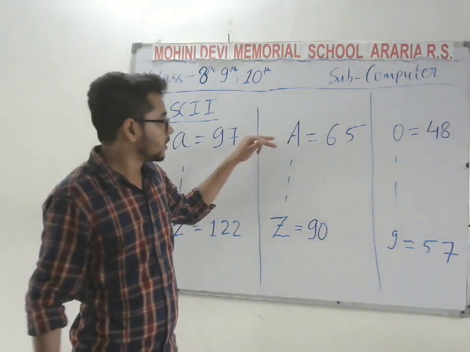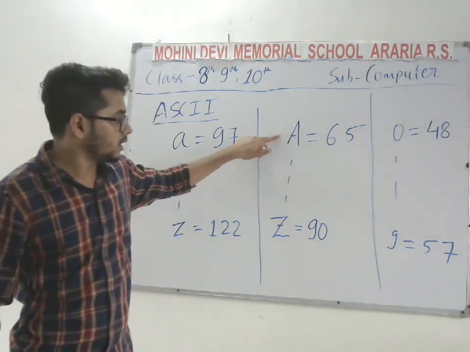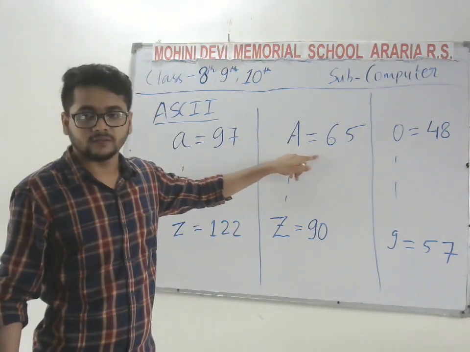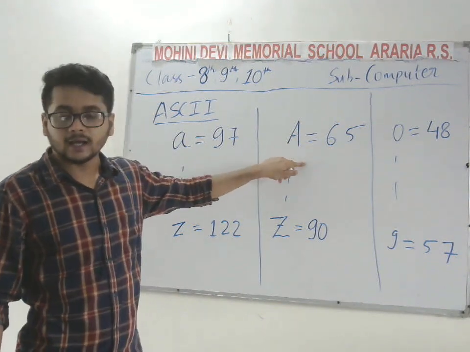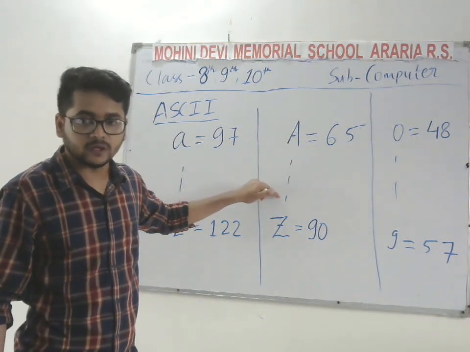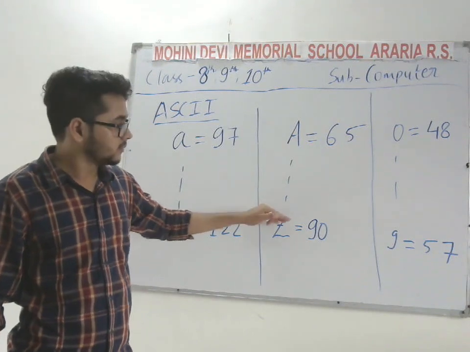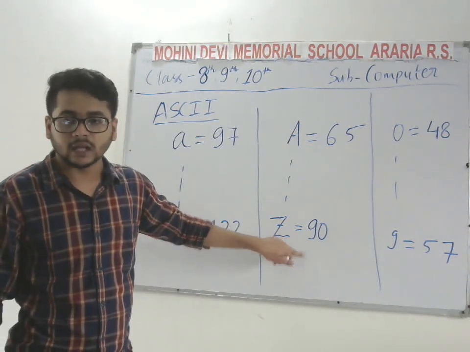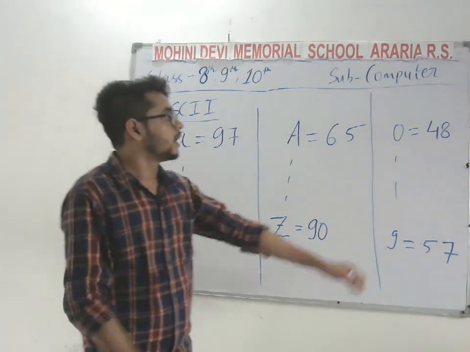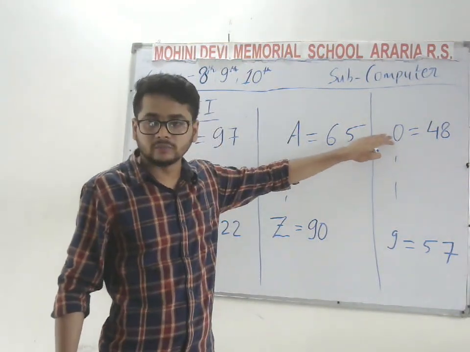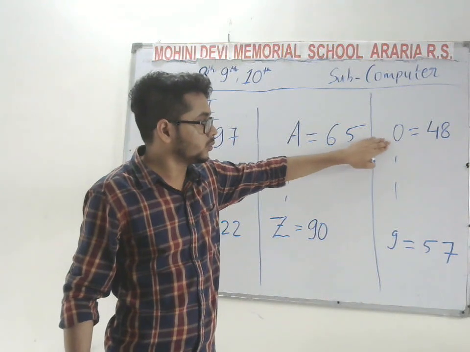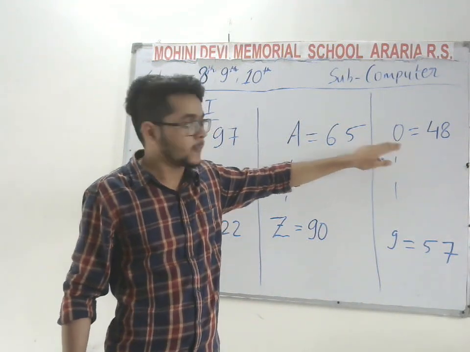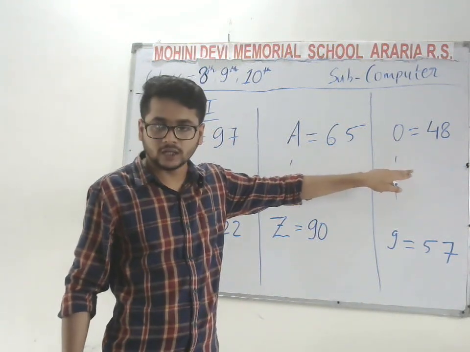Similarly, the uppercase alphabet, capital A, starts with 65, then we have capital B as 66, and then capital C at 67, and similarly we go up to capital Z, which will be 90. And now the numbers are represented as 0 is represented as 48, and 1 is represented as 49.